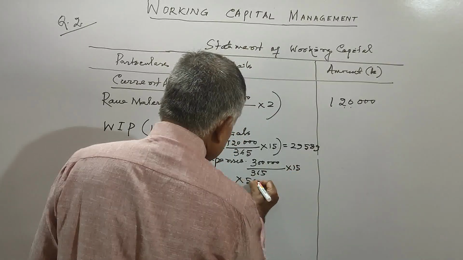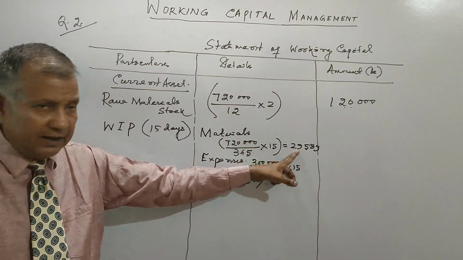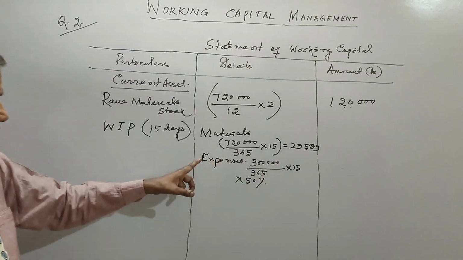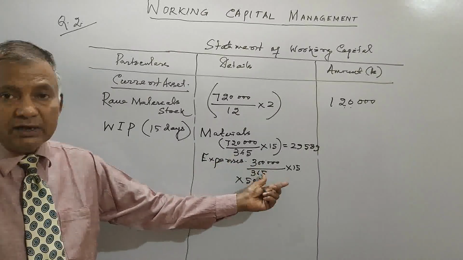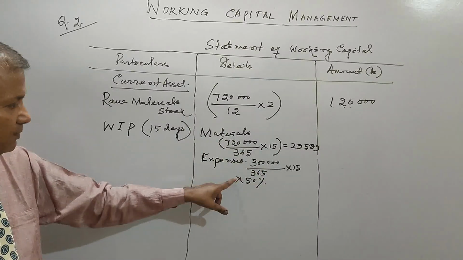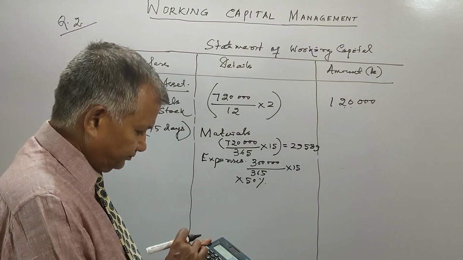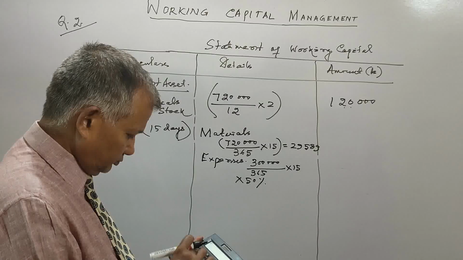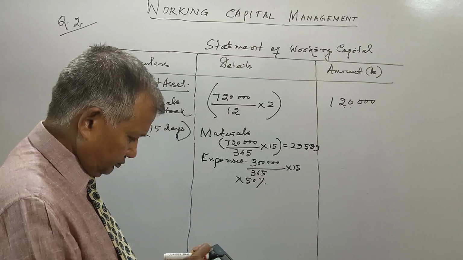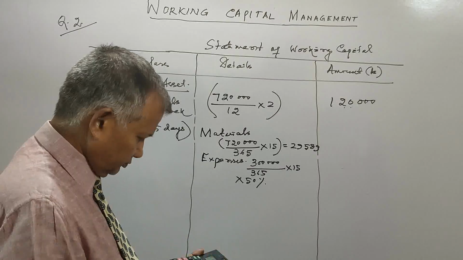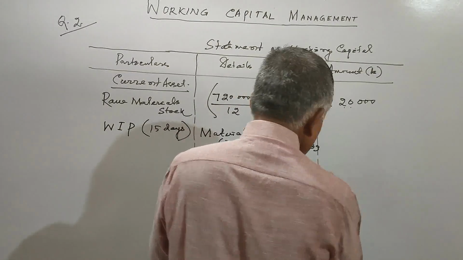We shall take 50% here, because material we take at 100%, and we have discussed many times in the first and second class that for expenses we take 50% of the requirement. So this is 6,164.